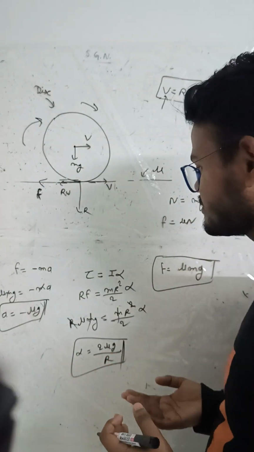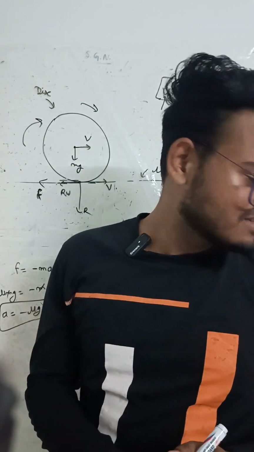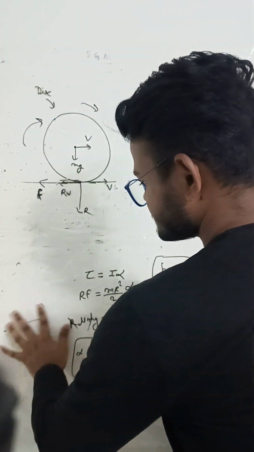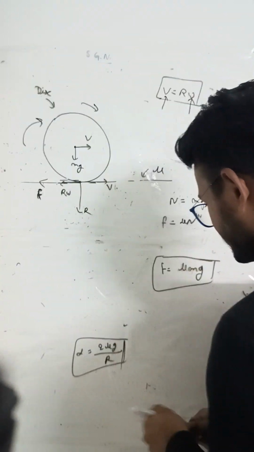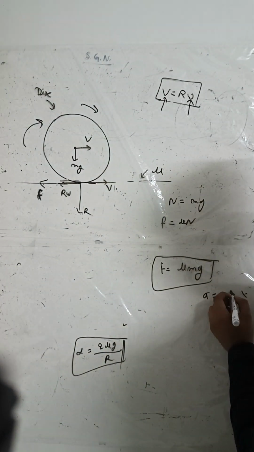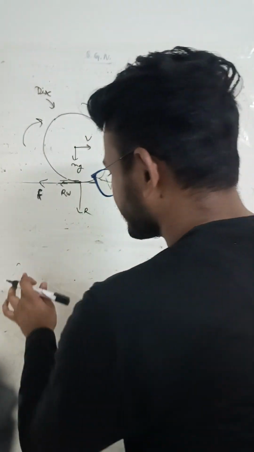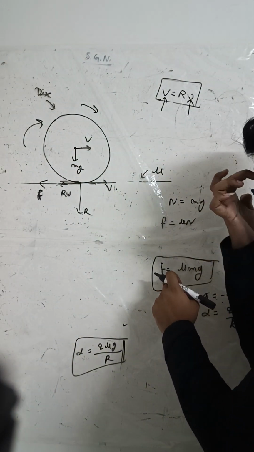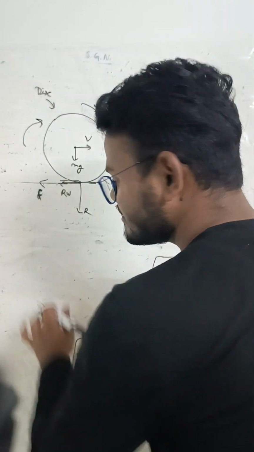So we have a equals minus mu g and alpha equals 2 mu g by r. Since there is only one force and it is constant, the acceleration is constant, so Newton's equations of motion are valid.